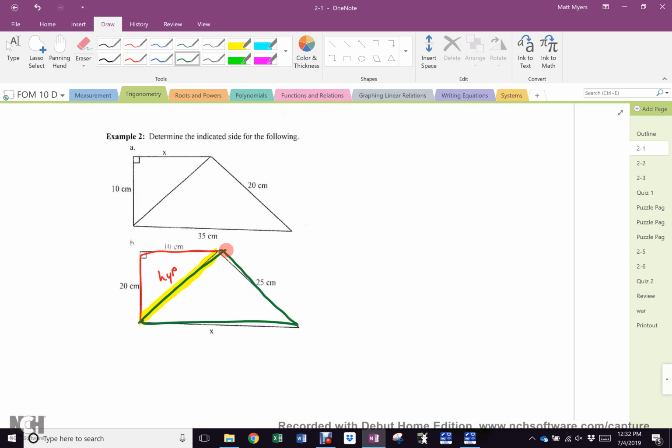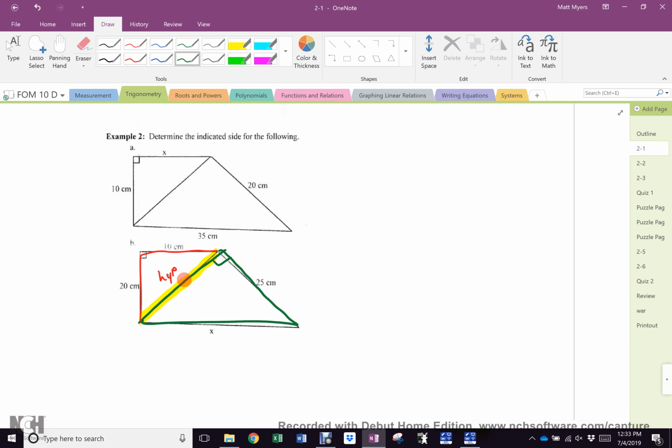Yes or no? No, why not? It's not a 90. If that's a 90, can you do it? Then you would use this and this, but this hypotenuse from the red triangle would become a leg on the green triangle. Does everybody understand?